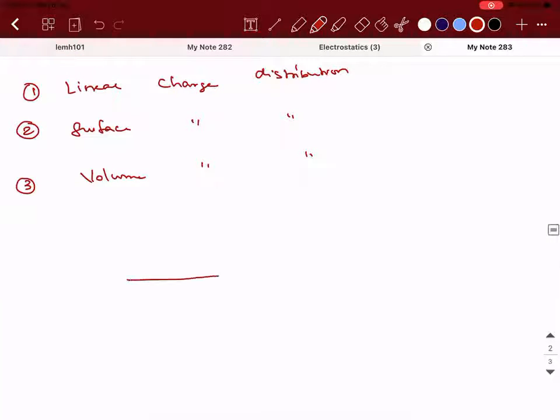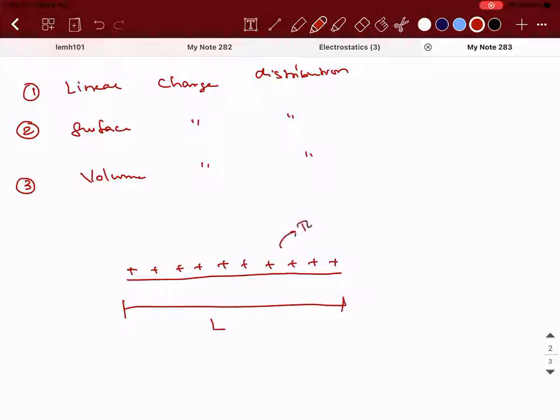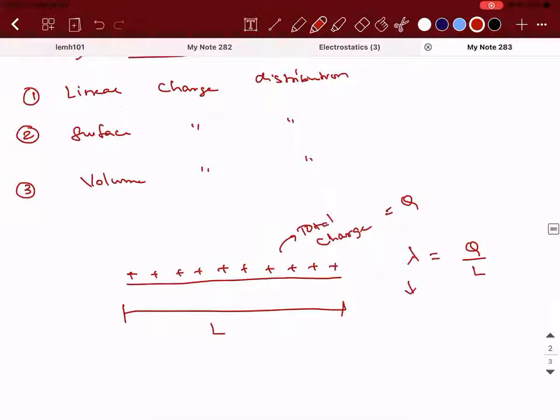If you have an extended linear surface on which charge is distributed, and let's say the linear surface is of length L and the total charge here is capital Q, then you define a parameter lambda, which is called linear charge density, given as Q divided by L. You would have seen linear mass density in your 11th standard.